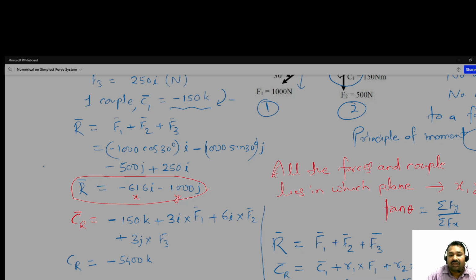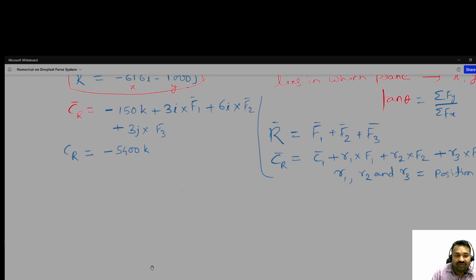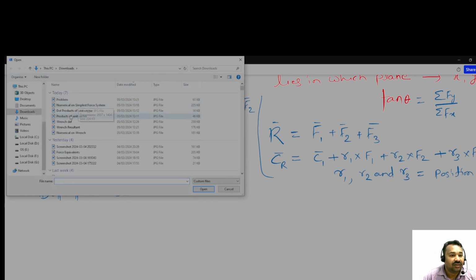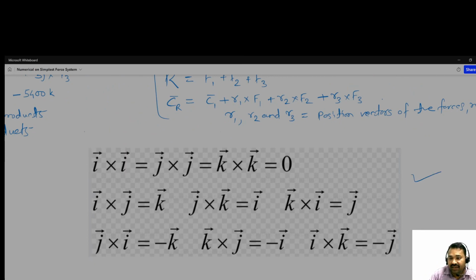Okay, and here one should know the cross product, and one should also know the dot products. As you all are aware, but once again see here regarding cross product, what we get.